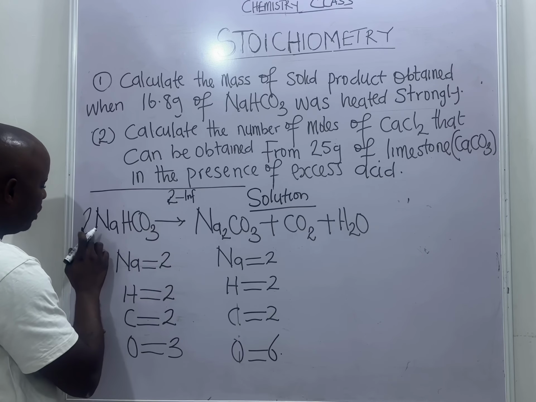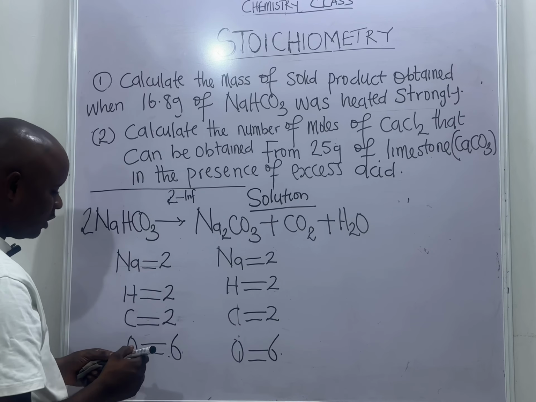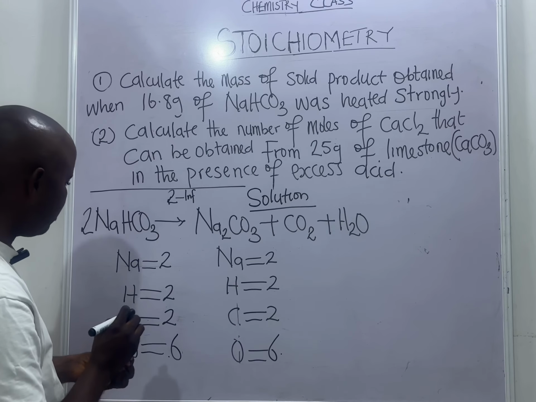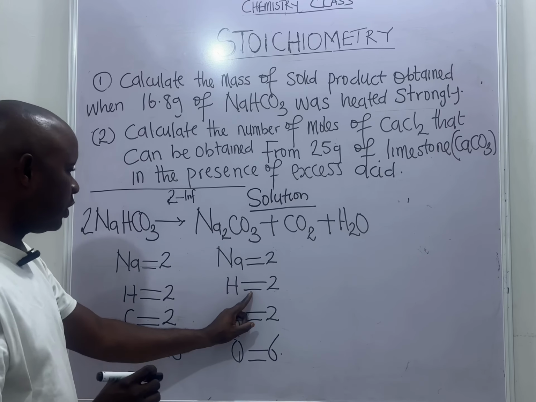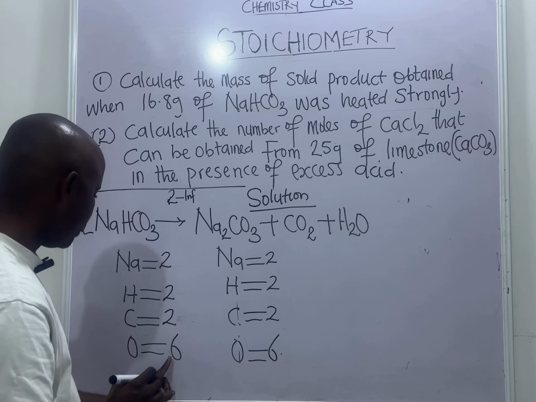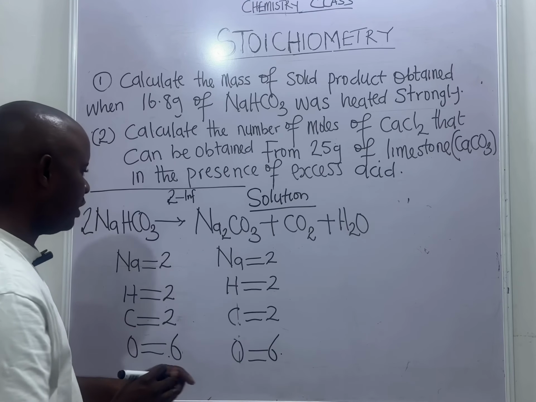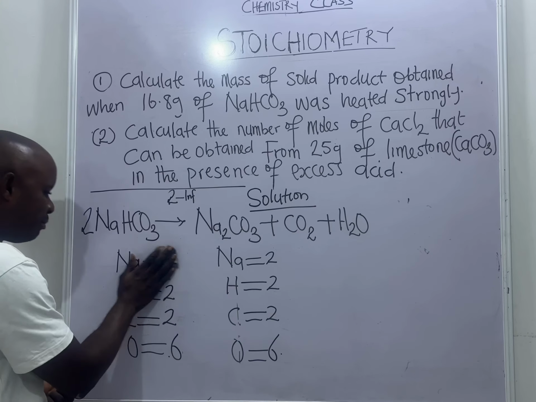Oxygen is 3, 3 times 2, I'm going to have 6. Let's check whether the chemical equation is balanced. Sodium is 2 on both sides, hydrogen is 2 on both sides, carbon is 2 on both sides, oxygen is 6 on both sides. So this chemical equation is balanced.